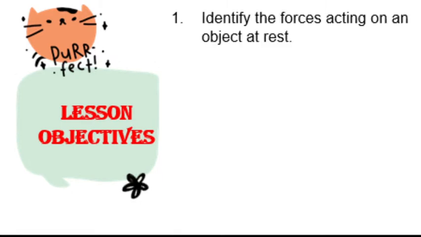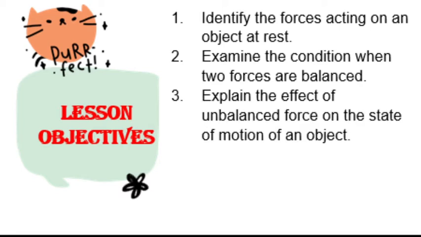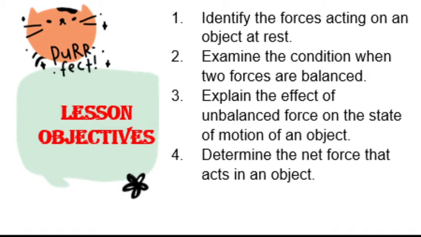Number 1, identify the forces acting on an object at rest. Number 2, examine the condition when 2 forces are balanced. Number 3, explain the effect of unbalanced force on the state of motion of an object. And number 4, determine the net force that acts on an object.